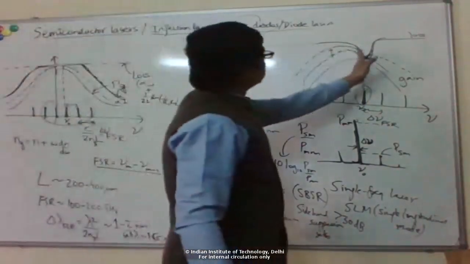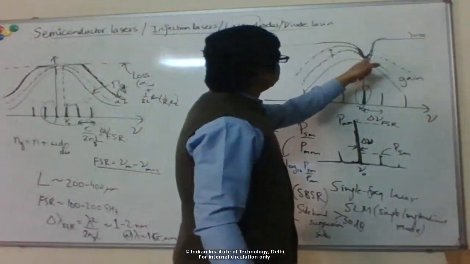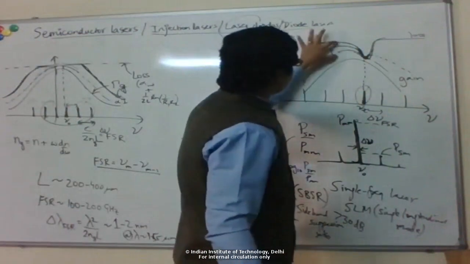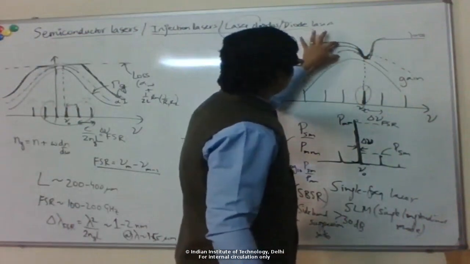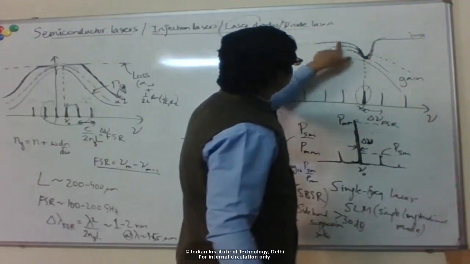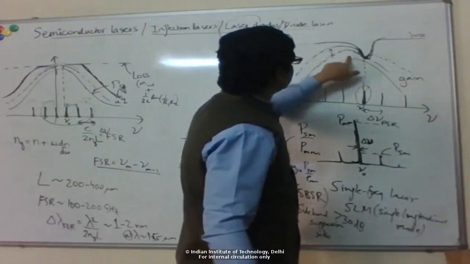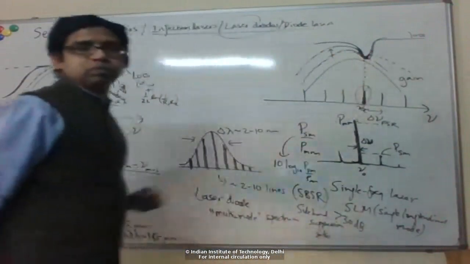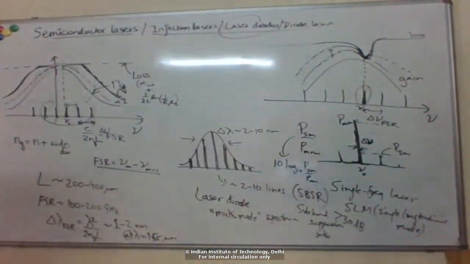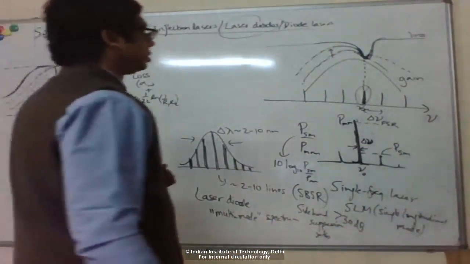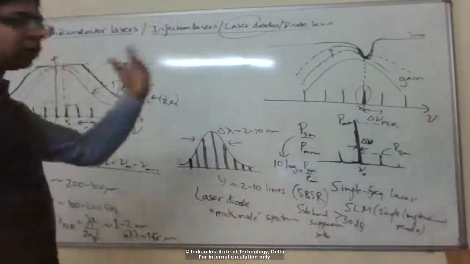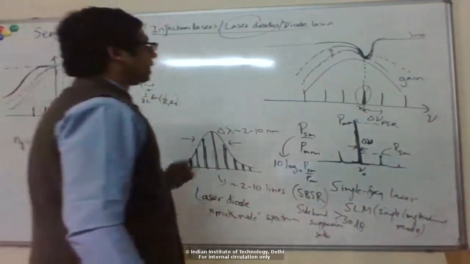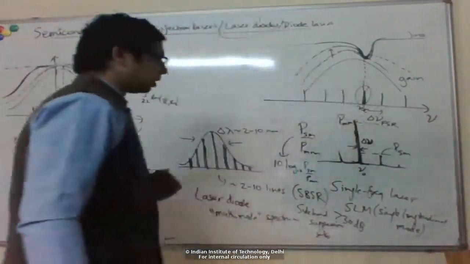Whereas here, there's a big gap, so I can increase the current further without reaching the threshold condition for these side modes. That's how you avoid multi-mode lasing and go to just single mode.